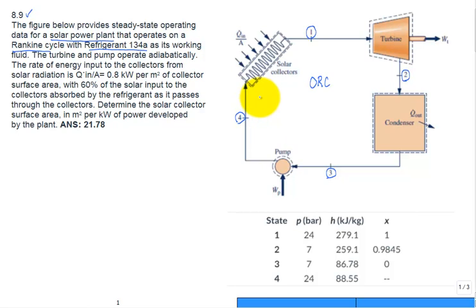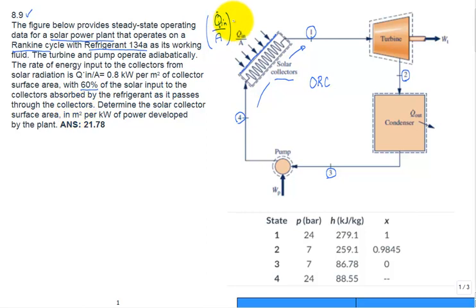As it goes through the solar collector, it's like going through a steam generator. It's picking up heat, and they have this symbol, the Q dot in per unit area. That's the solar load on the face of the solar panel. Not all of it's absorbed. They're going to talk later about a percent efficiency. They'll have a 60% solar input into the collector absorbed by the refrigerant as it passes through.